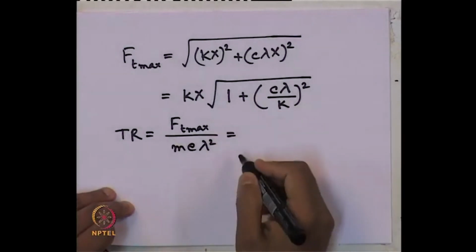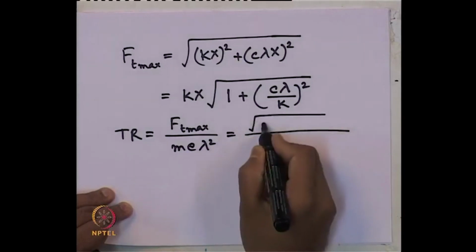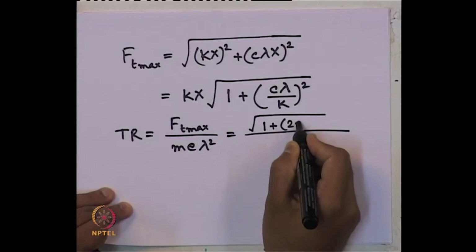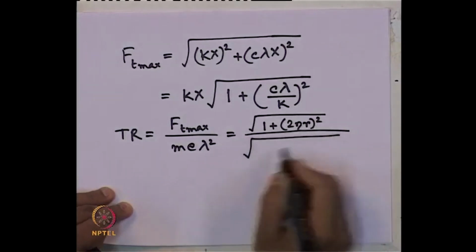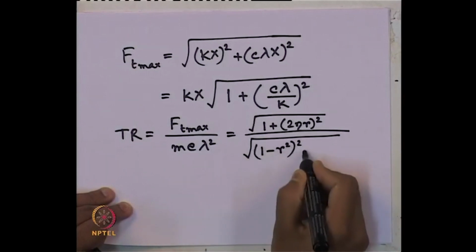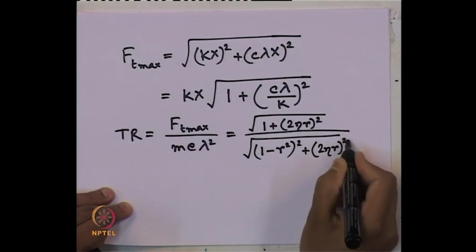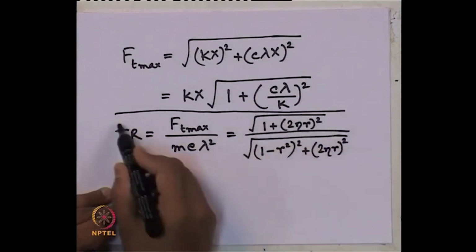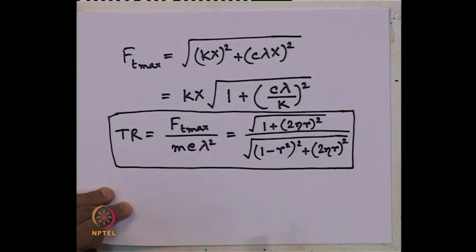If we put this expression and simplify, finally, we get this: 1 plus 2 eta r whole square by root over 1 minus r square whole square plus 2 eta r whole square. So, that is the expression for transmissibility ratio for any system.